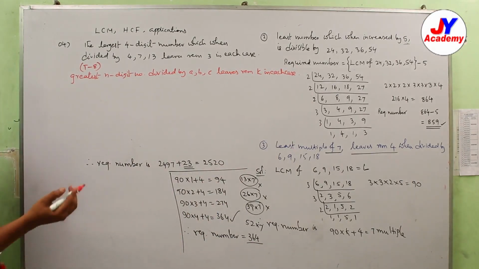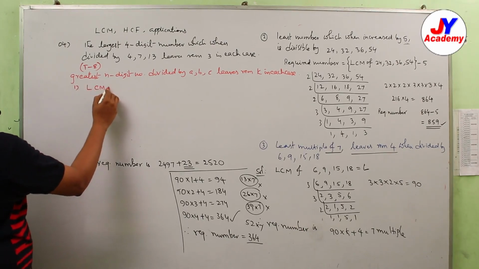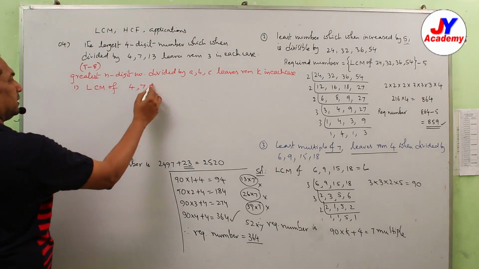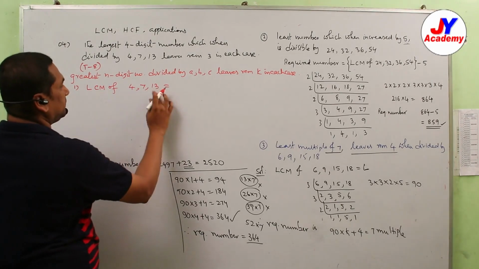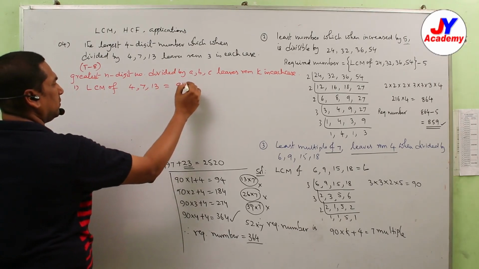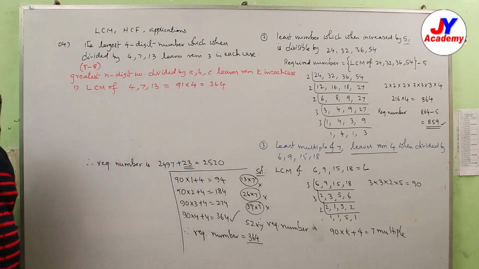Okay, so first of all, the LCM of 4, 7, 13. What is the LCM of 4, 7, 13? That is 91 into 4, 364 is the LCM.